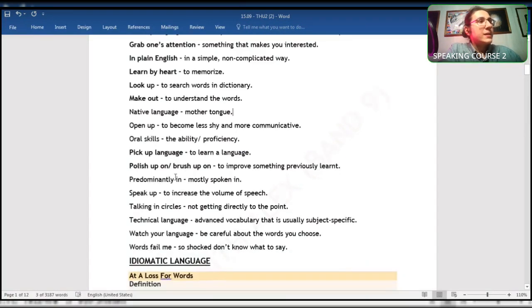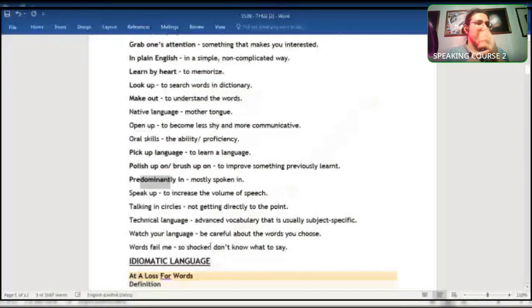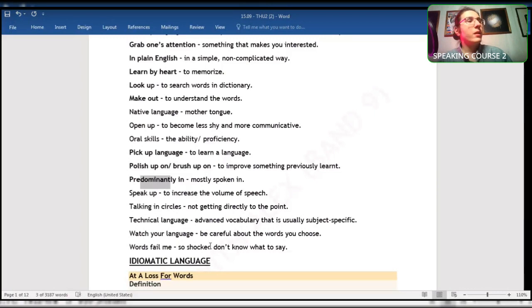Predominantly. Predominantly is actually a great word for every single section. Predominantly comes from the word dominant, and dominant means the most popular, the most effective, the most something. Predominantly something means spoken mainly, right? So for example, Chinese is predominantly spoken in China.